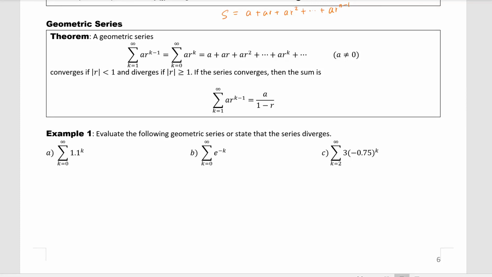Now let's multiply both sides by r. We get ar, which I'll put under the ar. Then ar times r is ar squared, and so on up to ar to the n minus 1. And the last term, multiplied by r, will give us ar to the n.